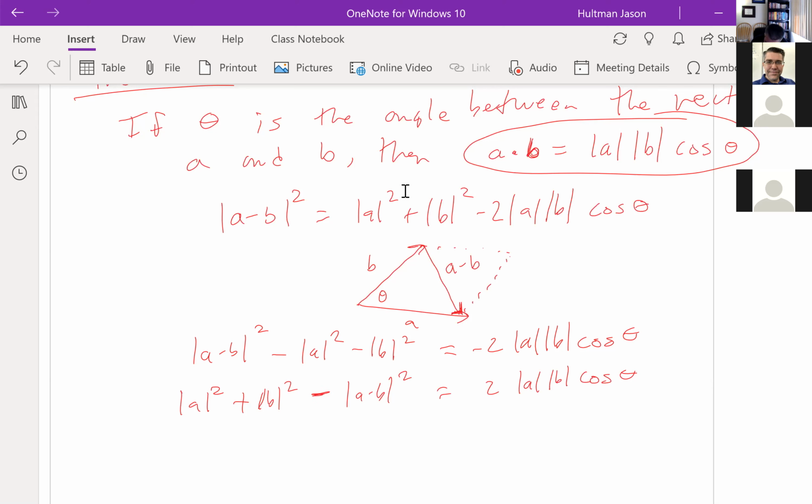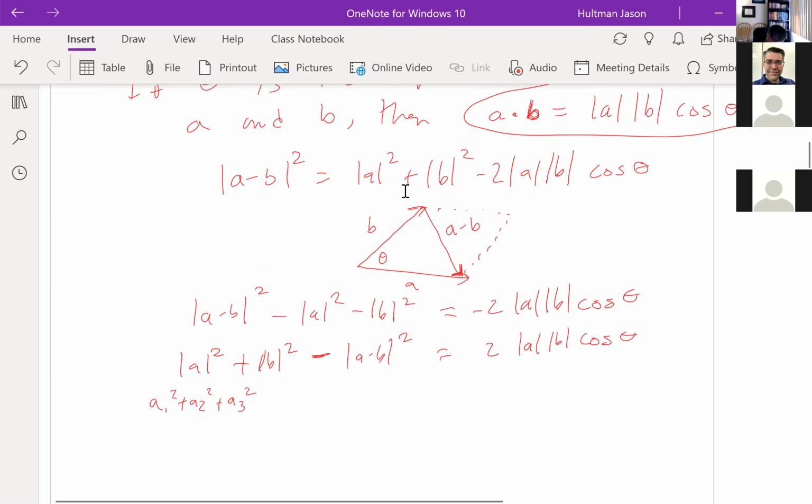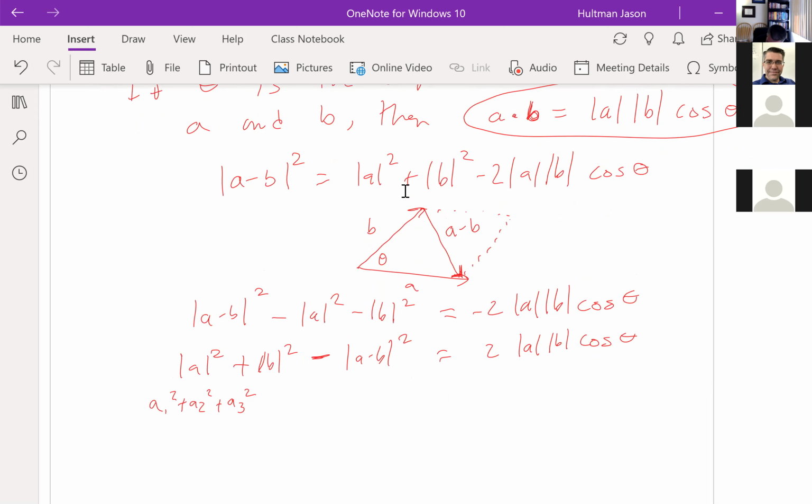So what does this look like? I'm going to write this as A1 squared plus A2 squared plus A3 squared. That's what the magnitude of A squared is. Plus B1 squared plus B2 squared plus B3 squared. Interesting.